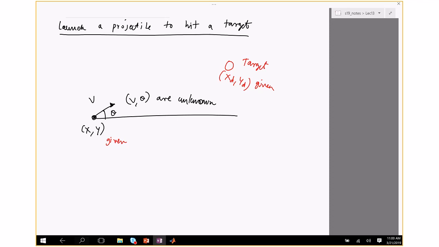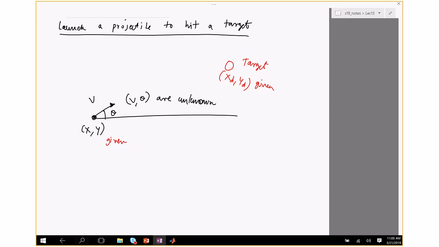This has been covered in inverse kinematics. Remember when we were tracing the figure asteroid, with the mobile car or with the manipulator, you are given where you want the end effector to be, and you are figuring out what the angles would be. That is an inverse kinematics problem. This is similar in the sense that you know where you want to land, and you have to choose how you launch the projectile to land there.